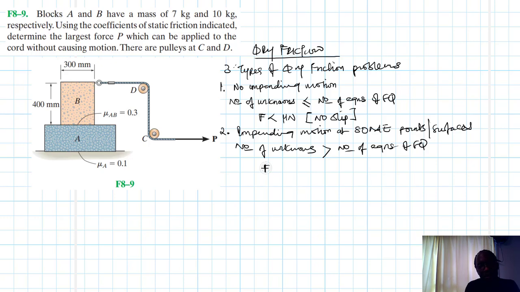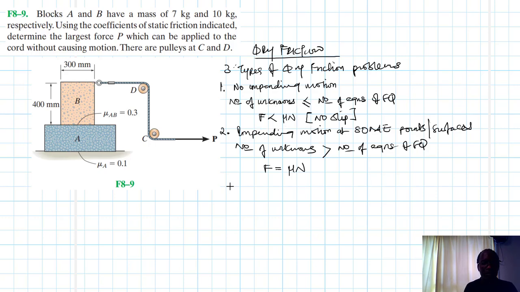In this case, we also use an additional equation from the friction concept, which is F equal to mu N. Of course, some points are going to experience impending motion, and other points will not experience impending motion. Those ones we also need to check whether there is slip by using this equation: F should be less than mu N.